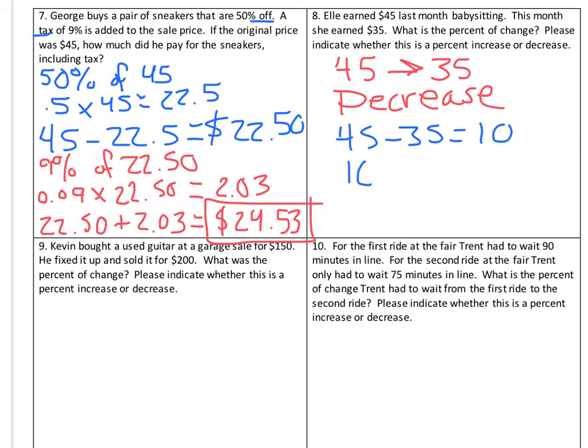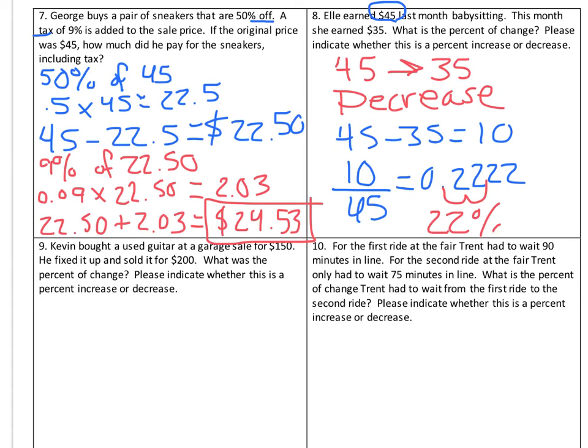So 10 is my top number. I started with 45. That's my bottom number. And now I'm going to divide and make it a decimal. After it's a decimal, I turn it to a percent, and I'm going to round to the whole number, 22%.